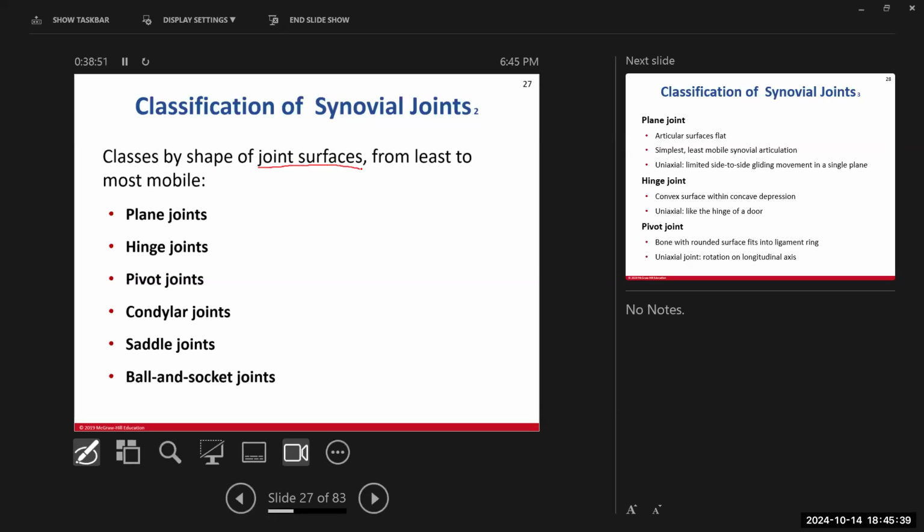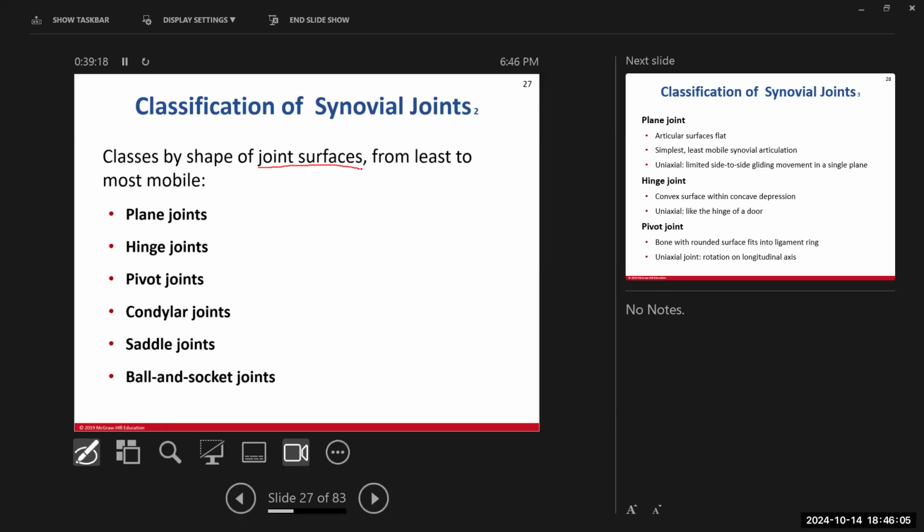So what does that joint surface look like? You can see we have 6 different types of classifications, or classes, I should say. The top of the page is the least mobile, the bottom of the page is the most mobile: plane, hinge, pivot, condylar, saddle joints, and then ball and socket joints. So those are going to be your 6 classes.